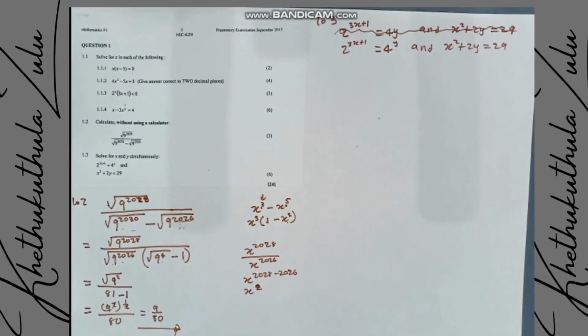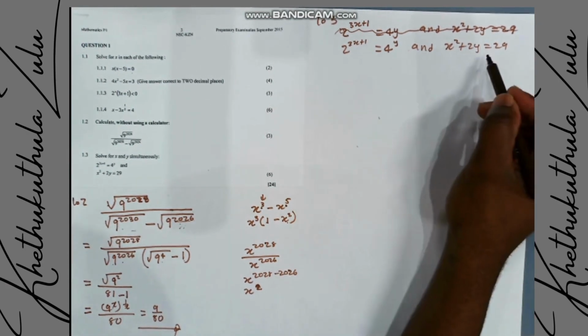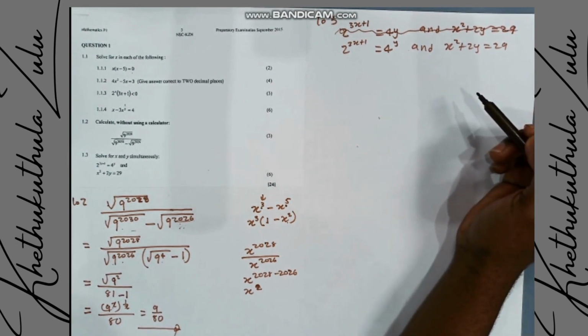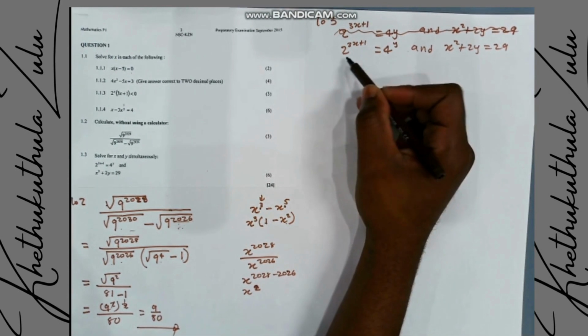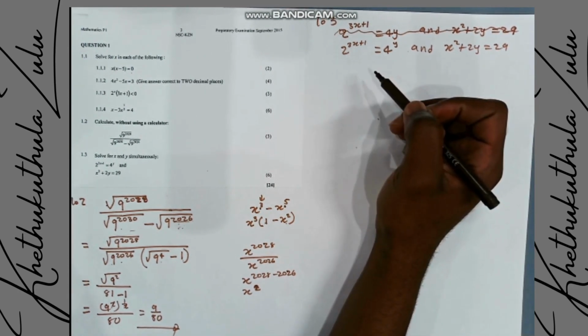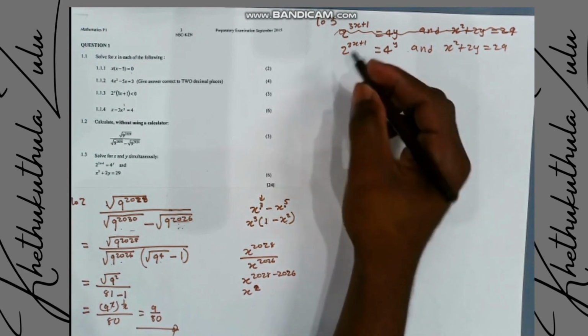Okay guys, our last question that we are going to do is a simultaneous equation, where we have this equation 1 and this equation 2. So the first thing that we can do here is try to simplify this one, where we have 2 into 3x plus 1 and 4 into y.